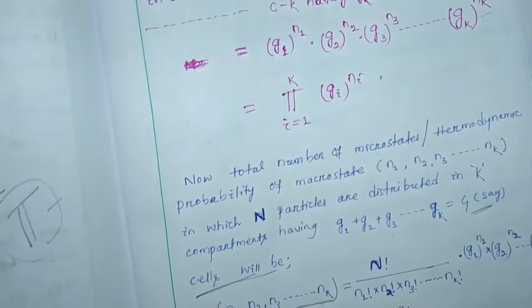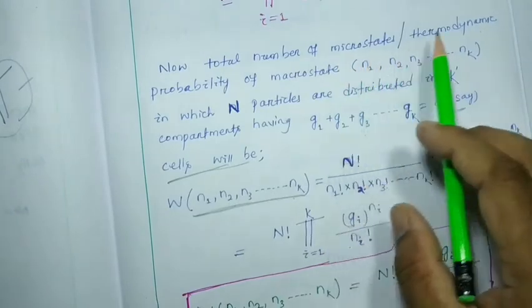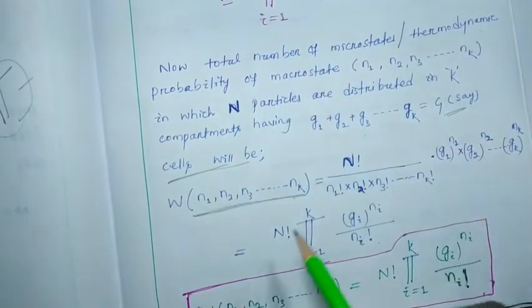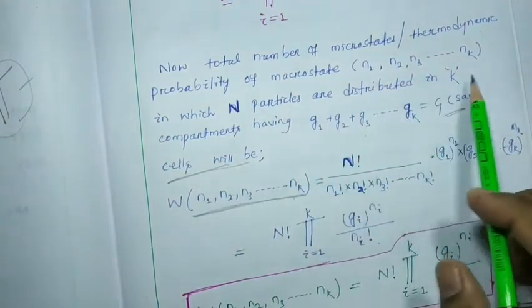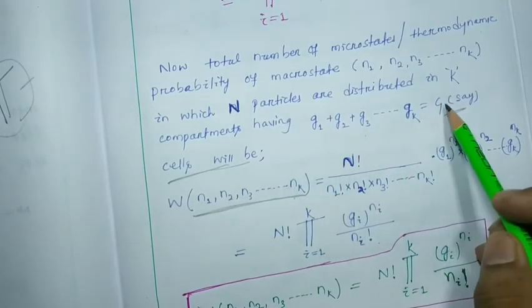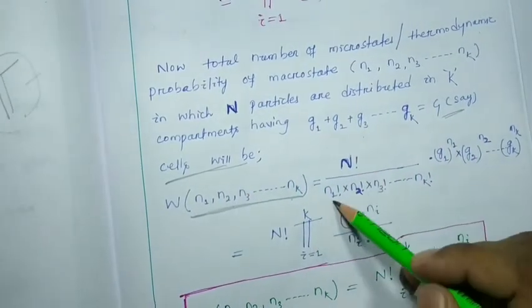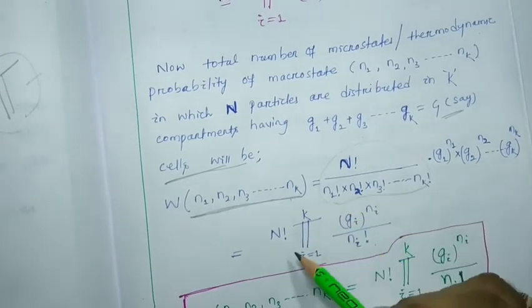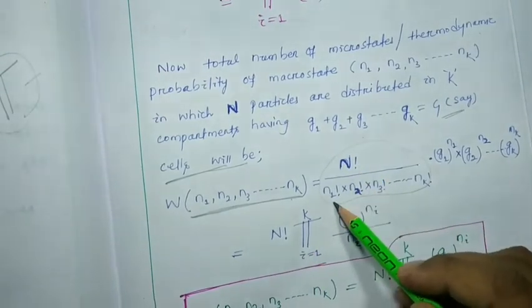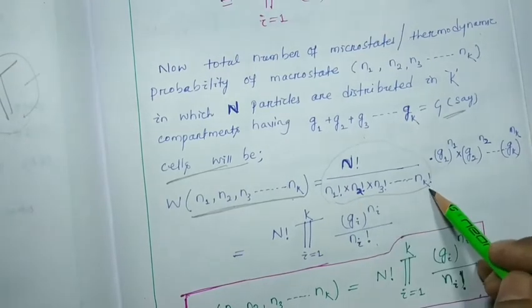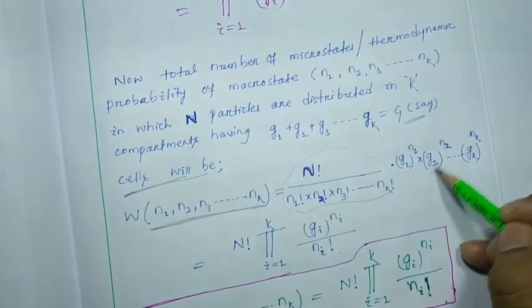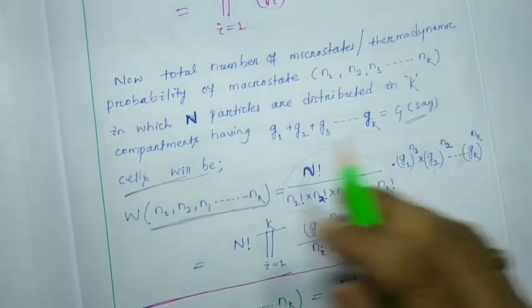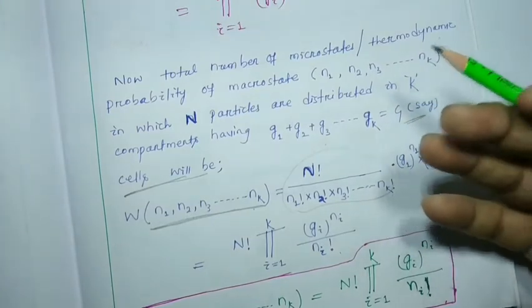So the total number of microstates or thermodynamic probability of a macrostate n1, n2, n3 up to nk, in which N particles are distributed in k compartments having g number of cells, will be: previously we had N factorial by n1 factorial into n2 factorial into n3 factorial up to nk factorial, into this one, that is g1 to the power n1, g2 to the power n2 into gk to the power nk, because all the events are independent, so we have to multiply.